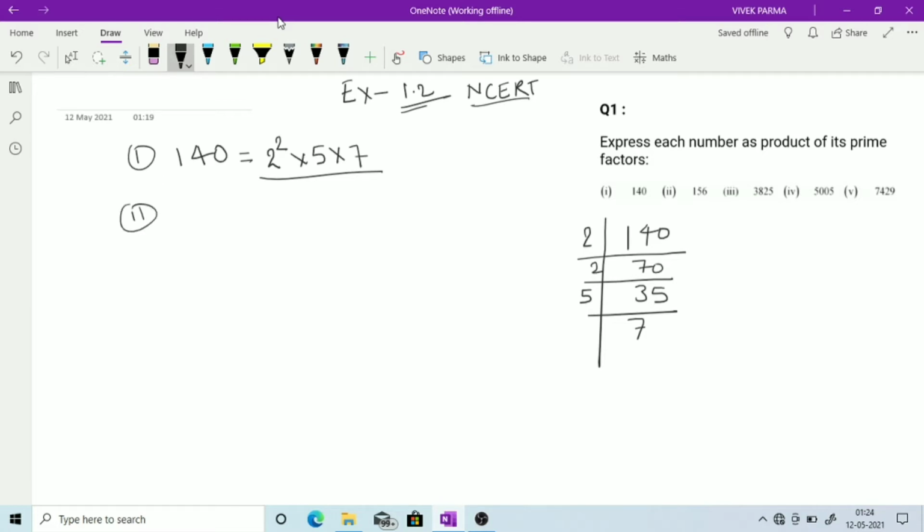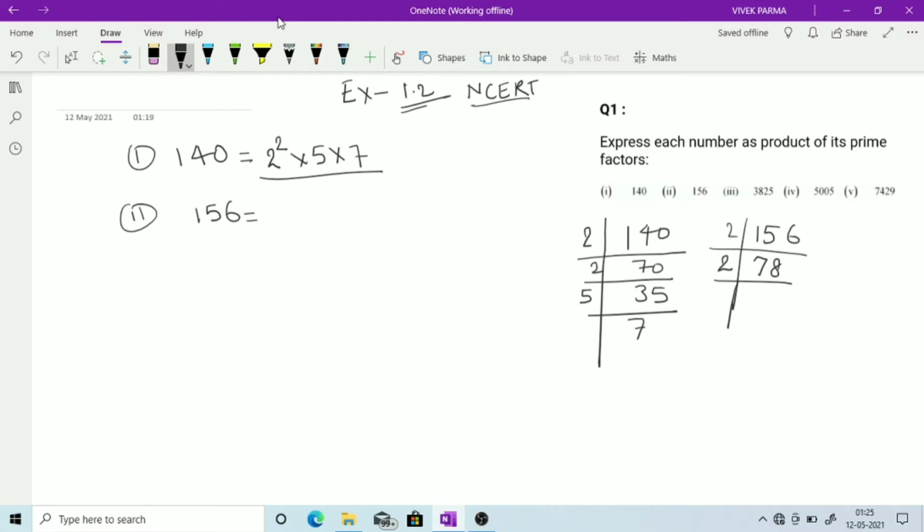Do the second, 156. So let's check for this 156. Here will be 7 and this will be 8, 7 8 2 156. Again the unit digit is an even number, so this will be divisible by 2.